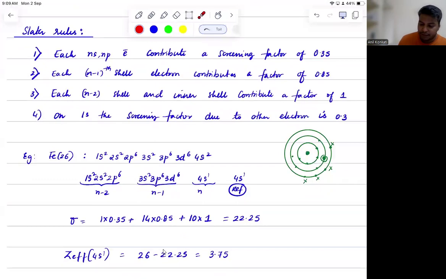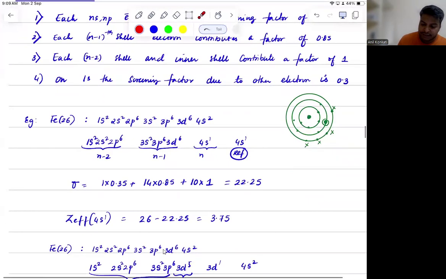Okay. Now, if you understand that, check it out with an example. An example will help you understand more easily. Imagine the last electron is present in 4s, and in the same orbit I have one more electron. So this one electron will give a contribution of 0.35 units. After that, I have n minus 1 electrons. How many n minus 1 electrons do we have? 14 electrons.